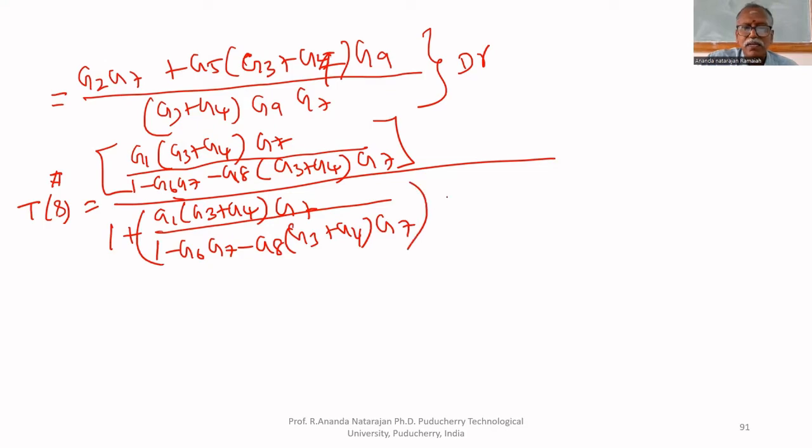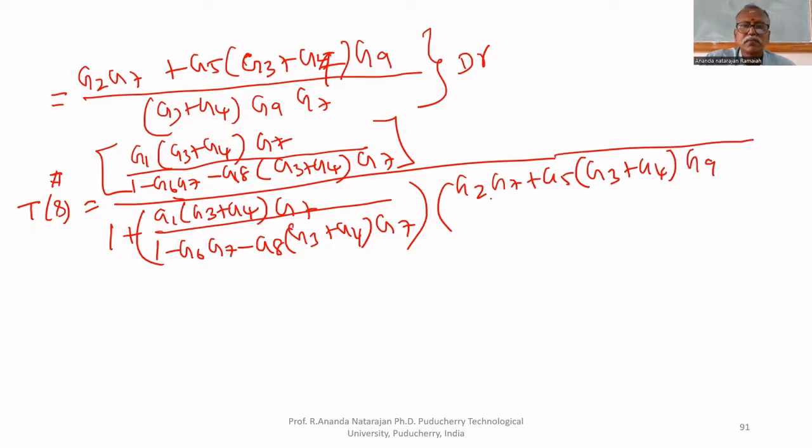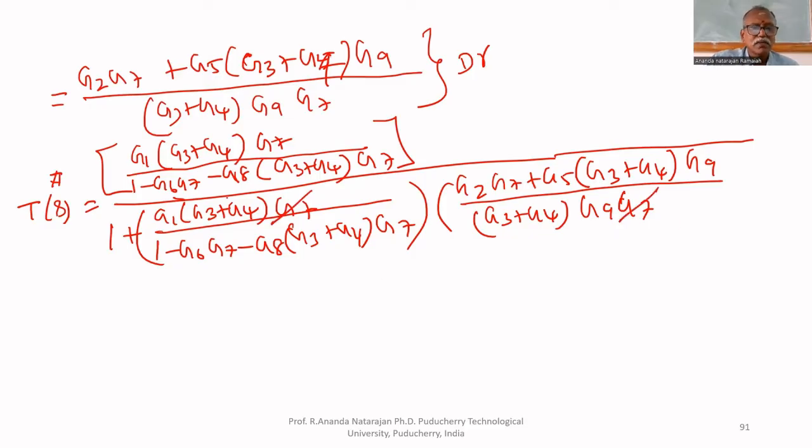This is for numerator. For denominator already we derived, that is G2, G7 plus G5, G3 plus G4 multiplied by G9, divided by G3 plus G4 multiplied by G9, G7. So here we are getting G7 cancelled.